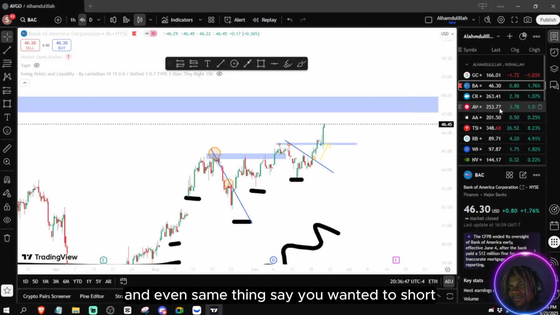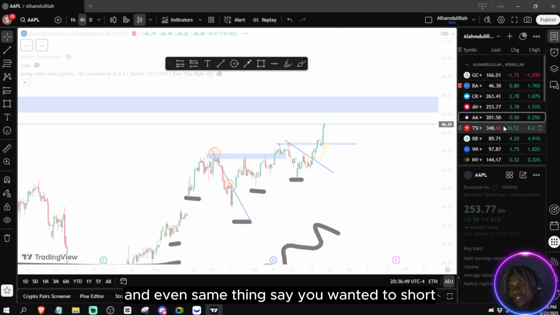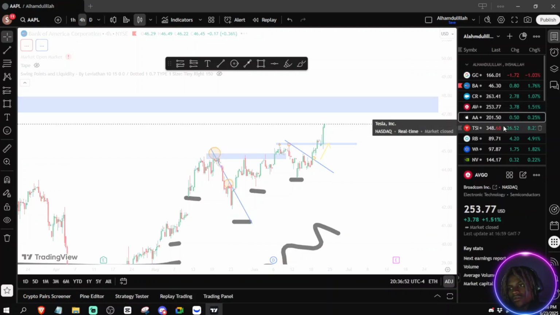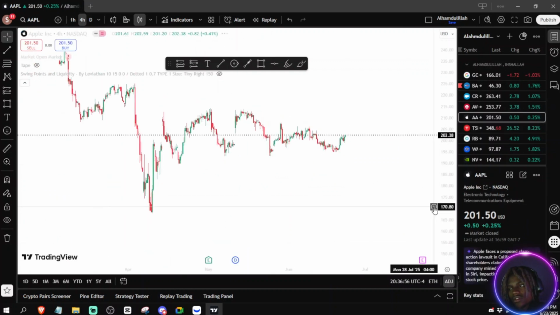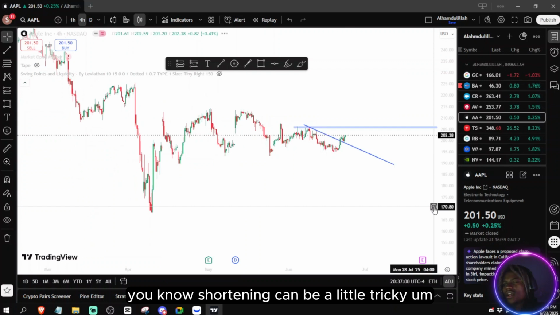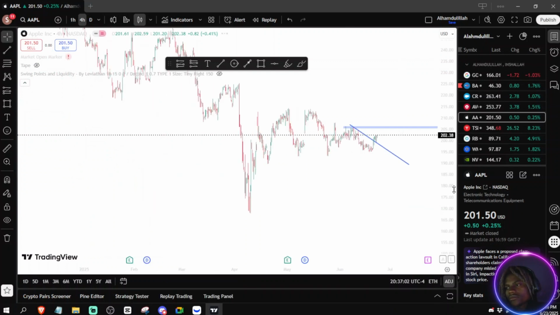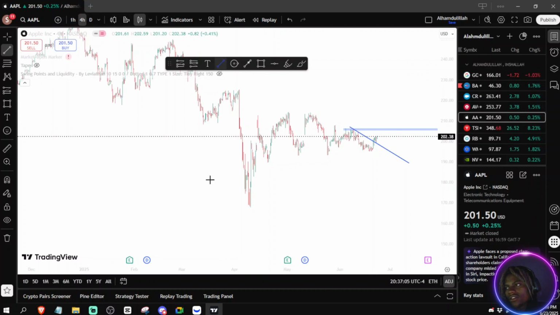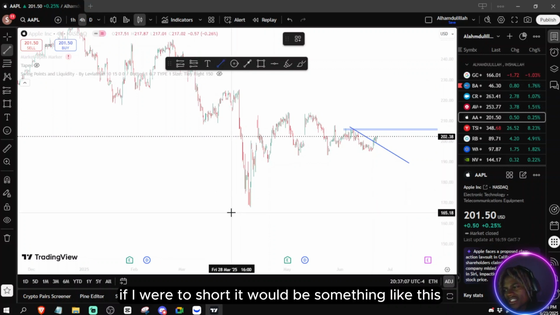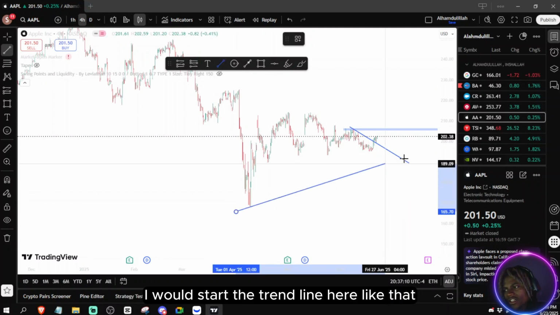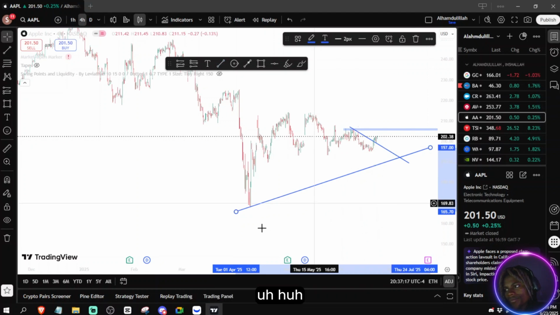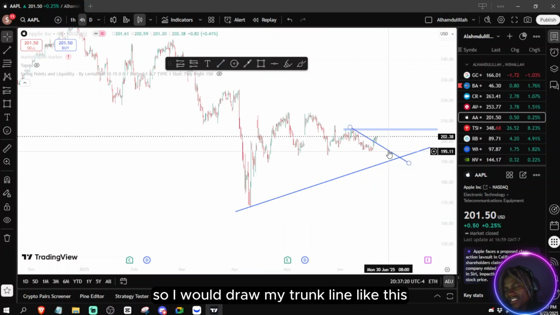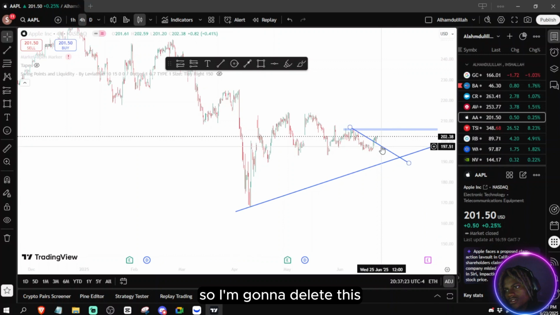And same thing, say you wanted to short, you know, shorting can be a little tricky. If I were to short, it would be something like this. I would start the trend line here like that. So I would draw my trend line like this. So let me delete this.